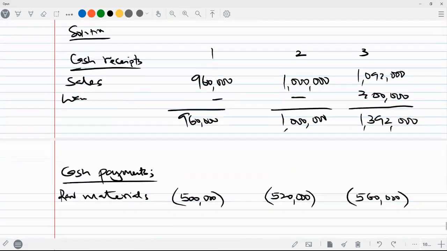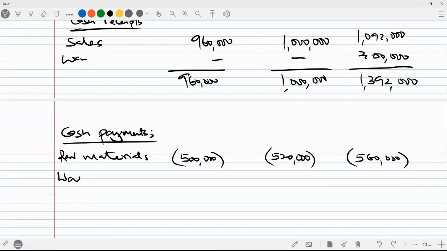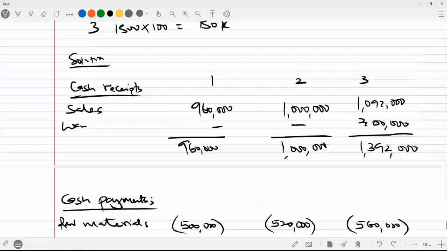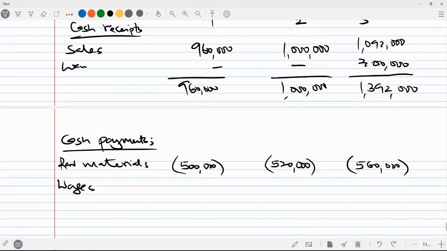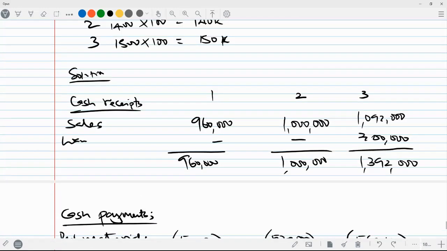Payment for variable overhead and wages. Okay, let me just call it wages. We got 130, 140, 150. So 130, 140, and 150. Any other payment you're making?